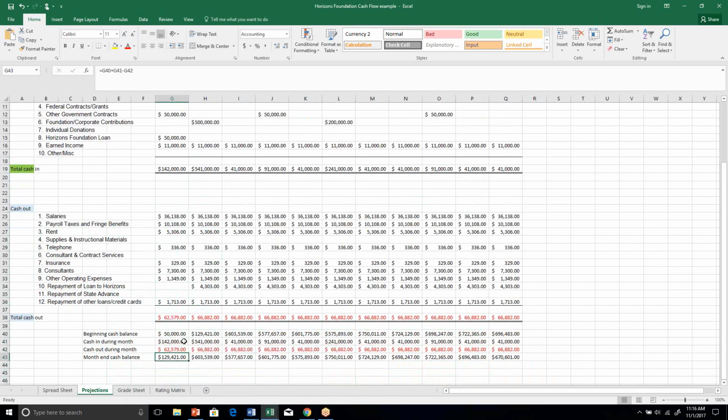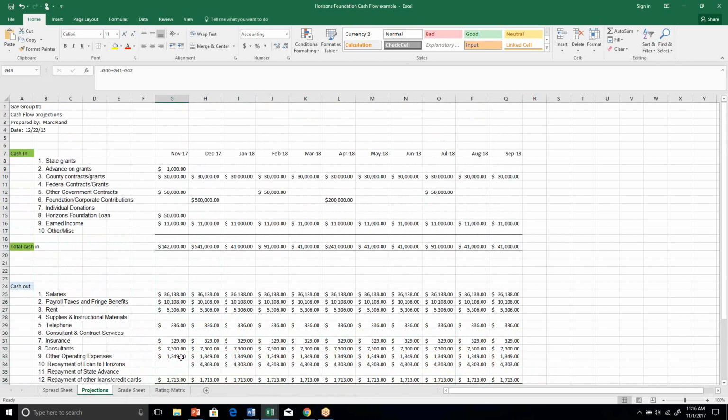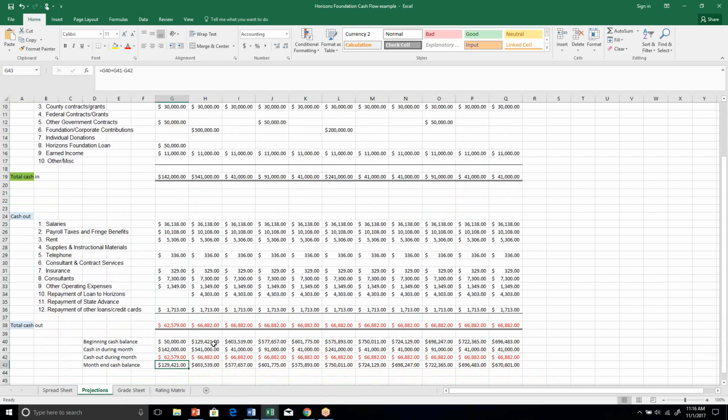Monthly balance is the summation of all of this. So we've got $50,000 to start, we've got 142 coming in, then the monthly burn rate is 62,000, leaving us with around $130,000. That's when we end the month of November in this case, which then we start December 1st with 129. This is a formula, so it'll all fill in automatically.